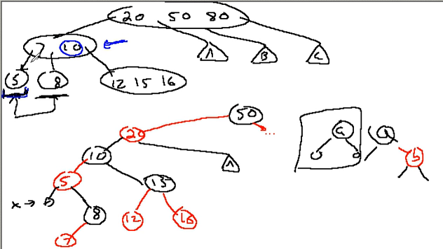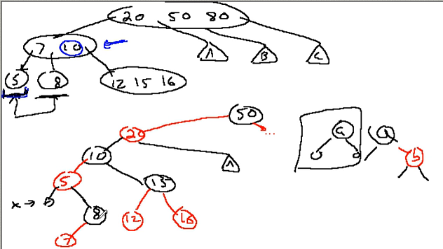And so that's what we're dealing with. If my sibling of x has at least 1 red child, then it means the red child is always part of the sibling. If a sibling has a red child 7, 7 is part of the sibling. 15 had 2 red children, they're both part of the same node as 15. So if our sibling has at least 1 red child, then that means that there's at least 1 extra value besides the sibling itself.